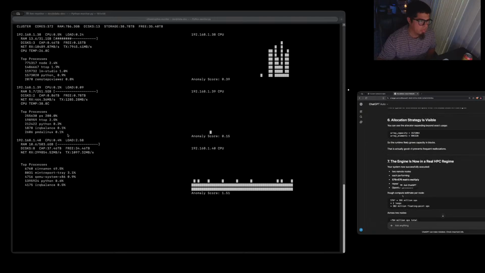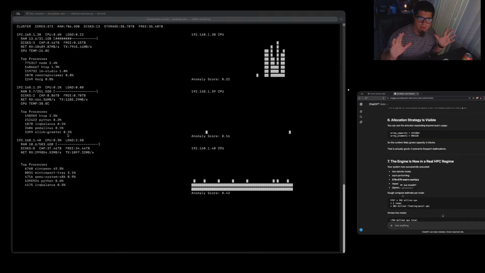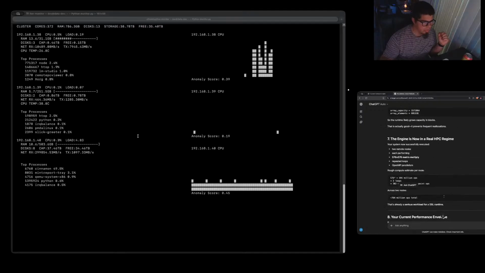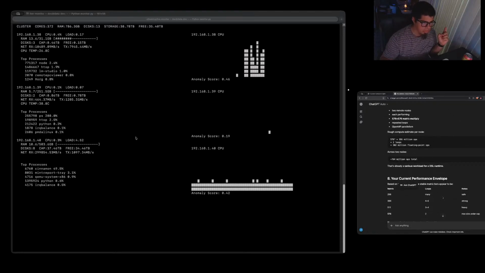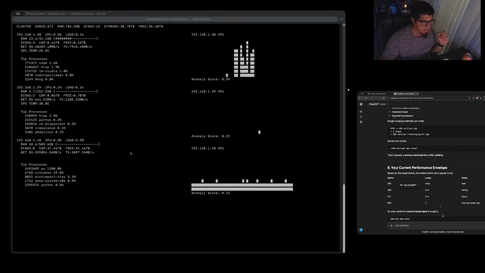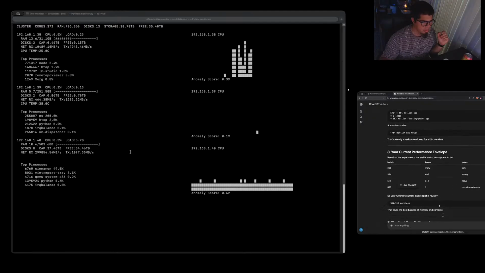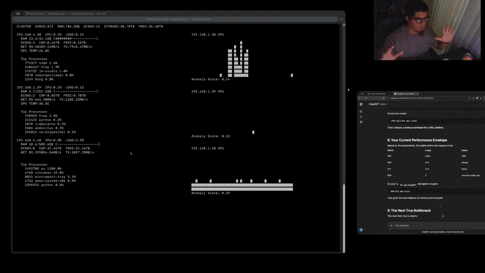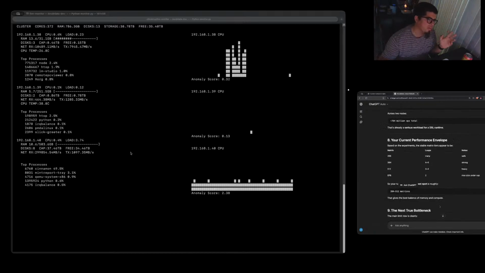Alright, so the rough compute estimate per node, 2 loops. Okay, so we're doing a total of 382 million floating point operations. So across 2 nodes, 764 million operations. That's already a serious workload for a DSL runtime. So it's saying that I can play around with between 384 and 512 matrices.